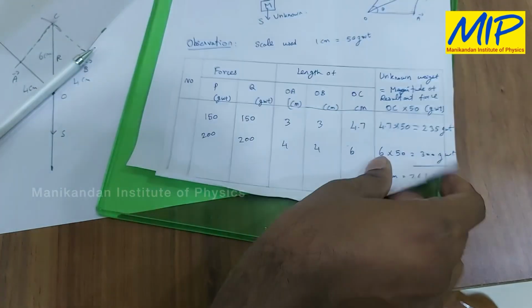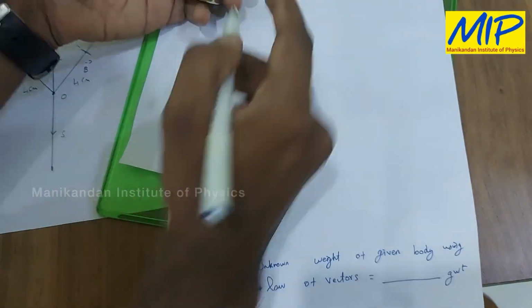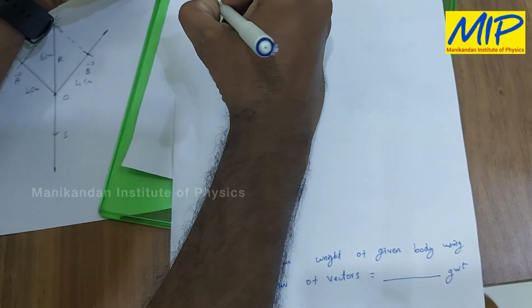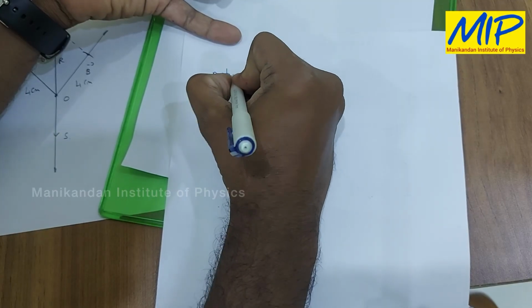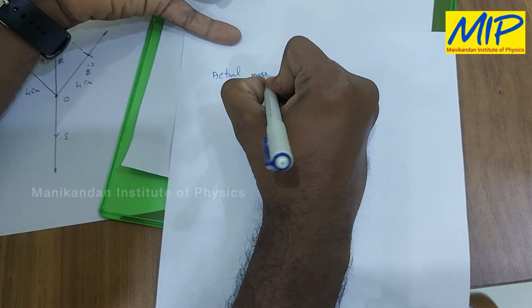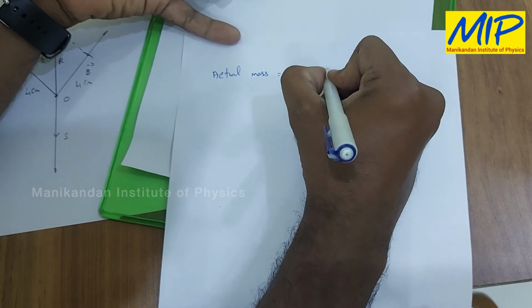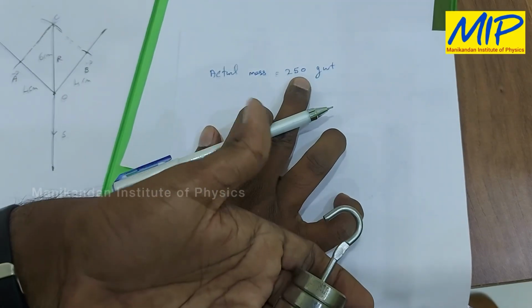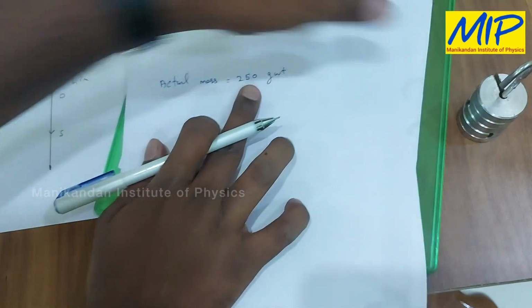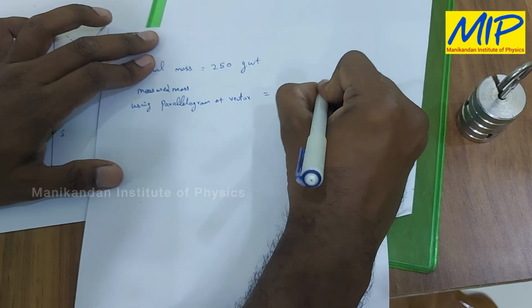So my actual reading here, the actual mass here is equal to 250 gram weight. So my actual mass is 250 gram weight. But the measured mass using parallelogram is 267.5 gram weight.